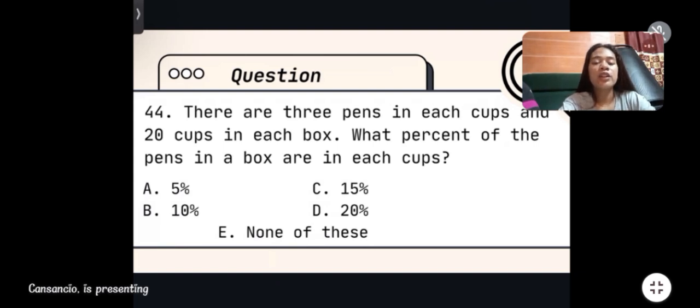Number 44. There are 3 pens in each cup and 20 cups in each box. What percent of the pens in a box are in each cup? A. 5%, B. 10%, C. 15%, D. 20%, or letter E. None of these.